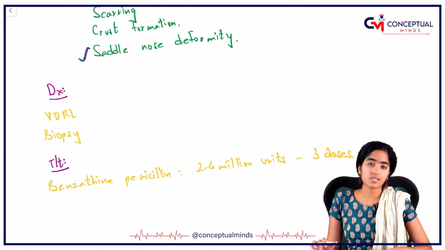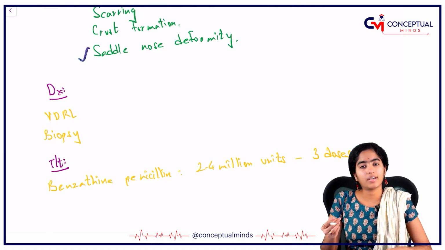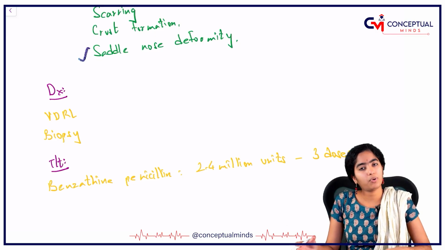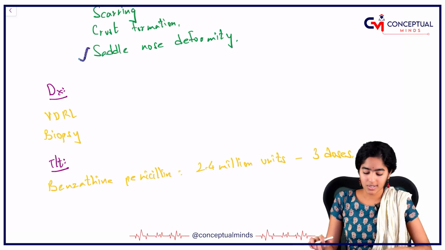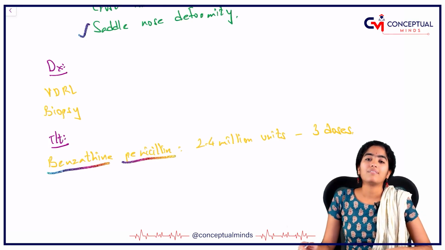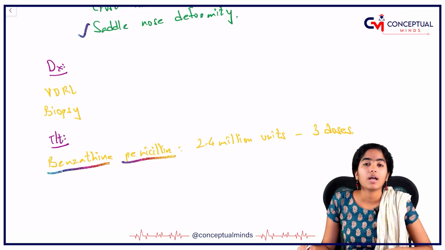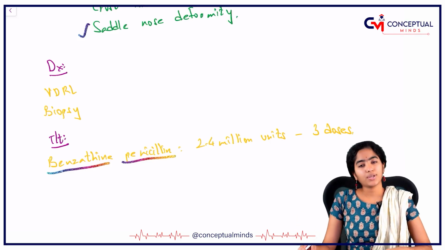And how do you diagnose? Syphilis specific tests like VDRL, and also taking a biopsy of the specimen shows Treponema pallidum organisms. And what is the treatment? Benzathine penicillin. We have also learnt about rhinoscleroma in the previous video. Let us learn about other granulomatous diseases in the next video. Thank you very much.